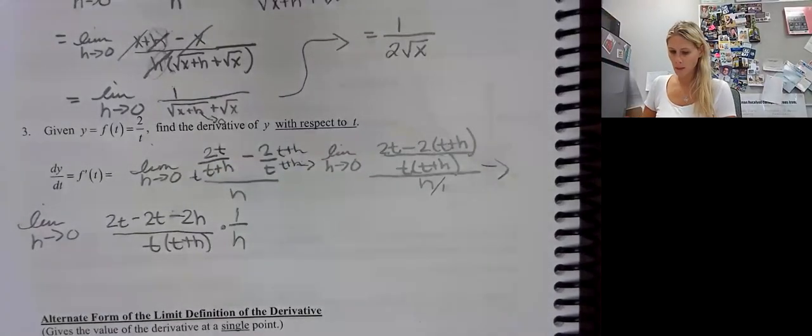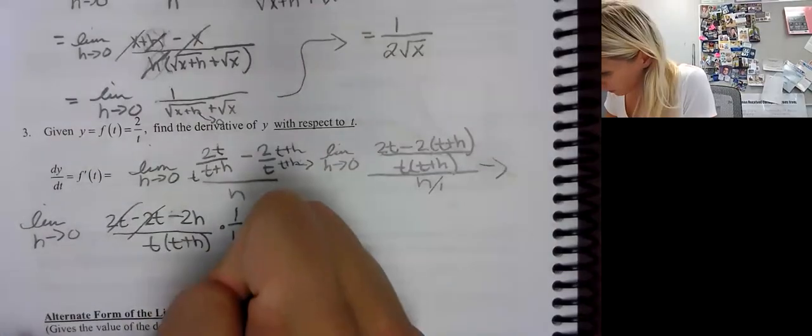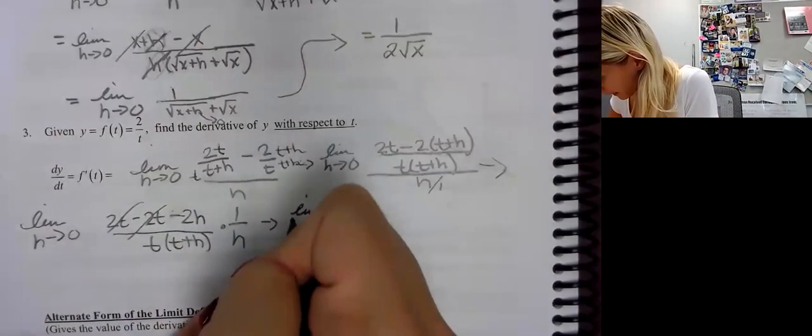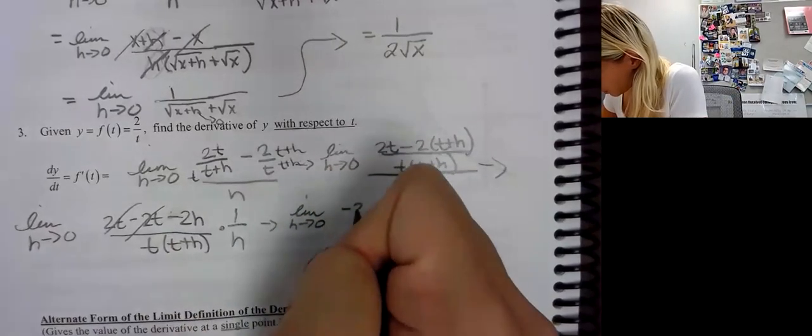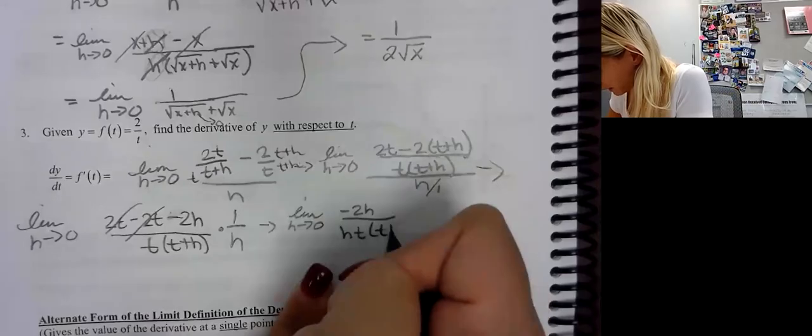Okay. Now, those two cancel. And if you look, we're going to put this together. So we have a limit as h approaches 0 of negative 2h over h times t plus h.